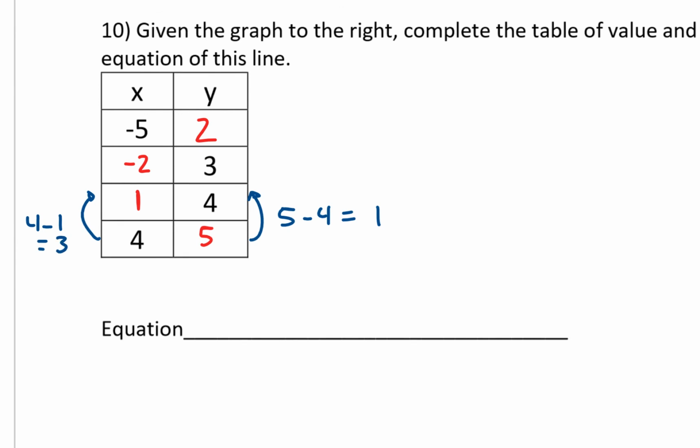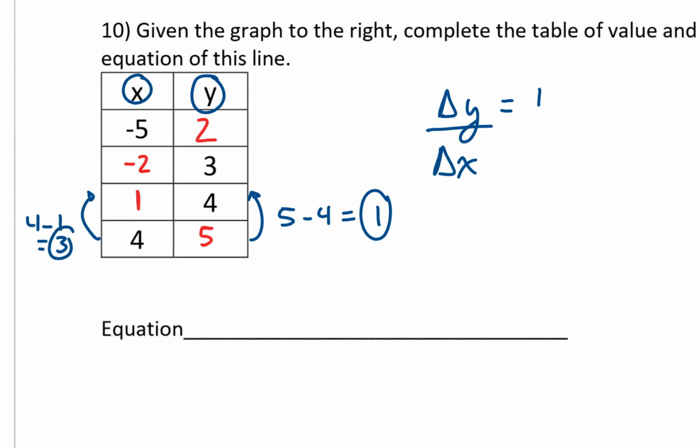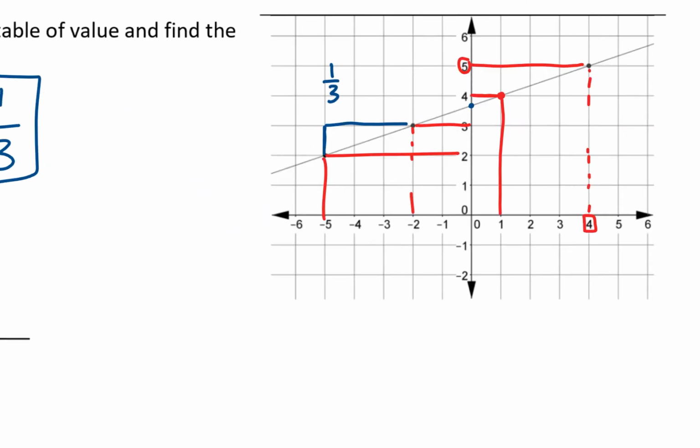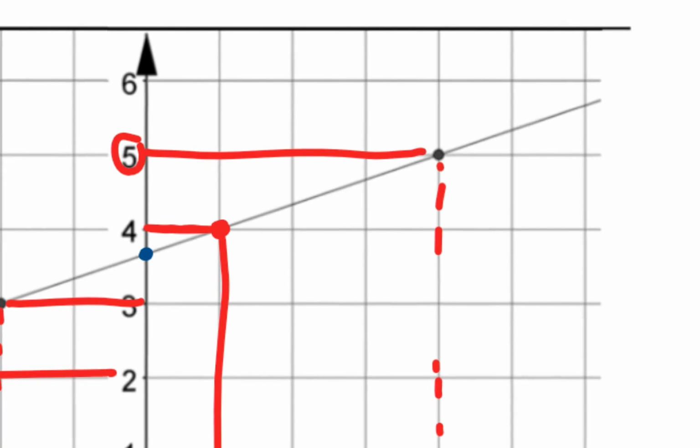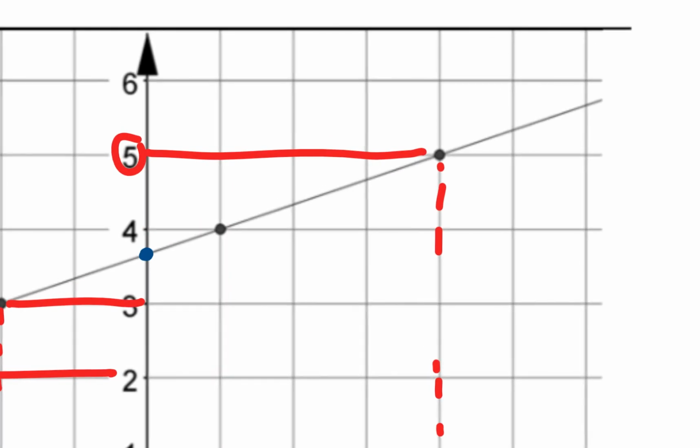So my slope is the change in the y value, which is 1, divided by the change in x. How much does x change? It changed by 3. So my slope is 1/3. I can see that from the table of values, and I can also see it quite nicely on the graph. If I look at any two of these points that are listed, you can see again it's up 1/3.